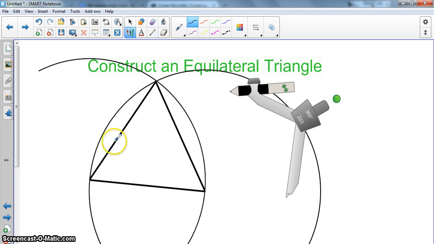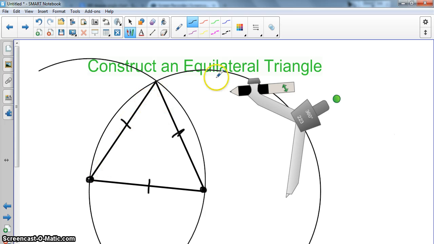And again, our logic says if this is the center of a circle here, then this segment is a radius, so it's got to be congruent to this segment, which is also a radius. But because we kept that radius the exact same on both circles, we know that this is a radius of this right circle, and so is this, right? So those have to be equal. So that's how we construct a 60-degree angle, right?